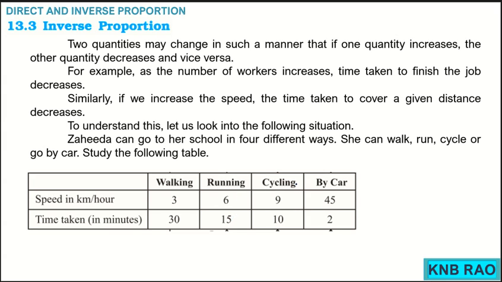Whereas if she pedals a cycle at an average speed of 9 km per hour, then she will reach her destination, that is school, in 10 minutes. At last, if she goes by car at an average speed of 45 km per hour, then she will reach the school within 2 minutes, just 2 minutes enough.